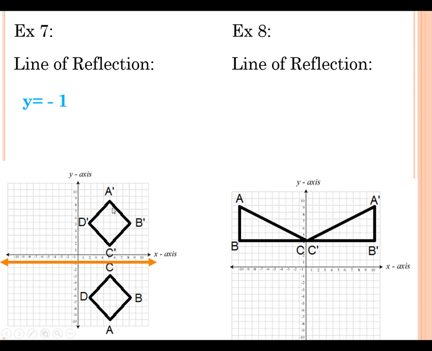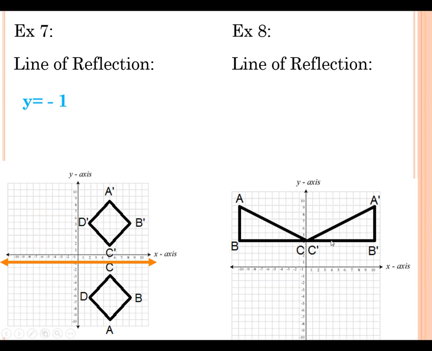So this is going to end up being the horizontal line at -1, because -1 is 2 spaces above and 2 spaces below C and C prime. You could have also done the same thing counting the spaces in between A and A prime, or B and B prime, or D and D prime. Since it's a horizontal line, I know it's y equals, and it hits the y-axis at -1. So that would be my line of reflection.